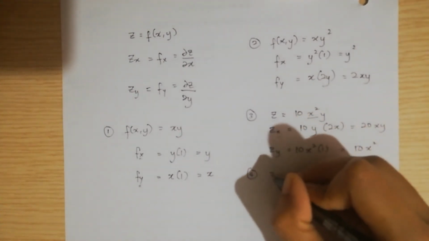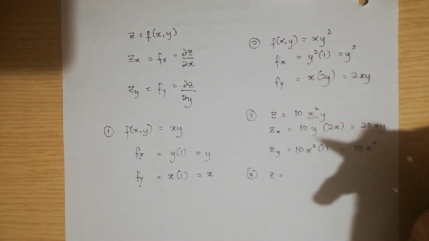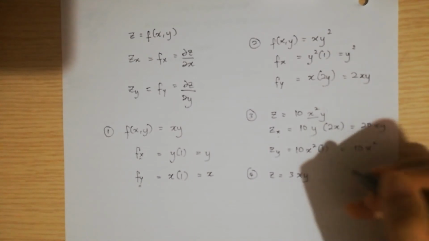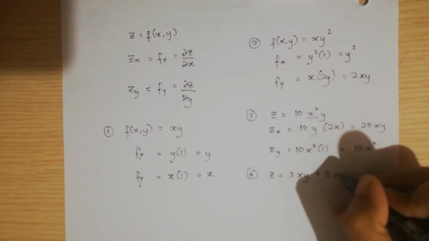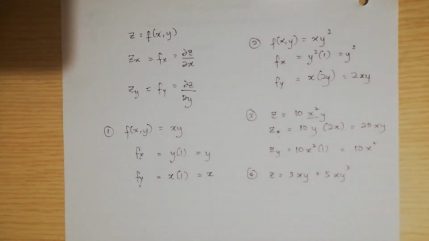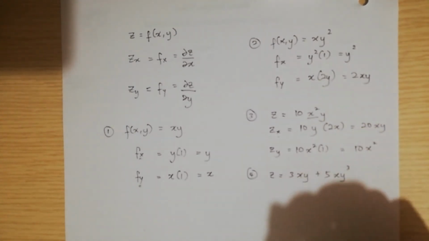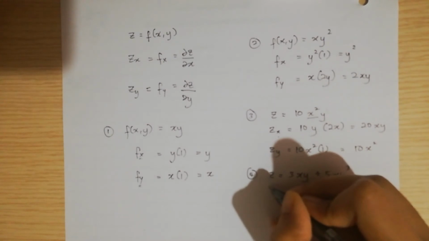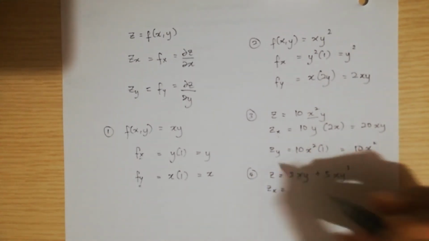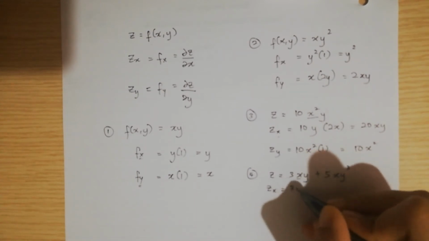Let's say you have z equal to 3xy plus 5xy to the power of 3. So we can find zx. Focus on the x. So 3y is constant.